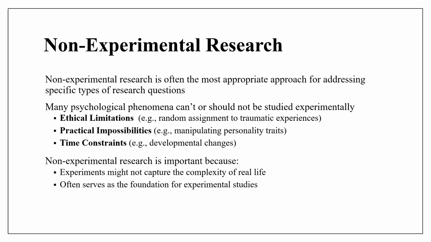For instance, personality is extremely stable in people, and it's really hard to manipulate. And sometimes when we manage to manipulate personality through certain types of manipulations, it's not going to be long lasting. So it's not the most representative observation of how behavior would actually be influenced by personality.